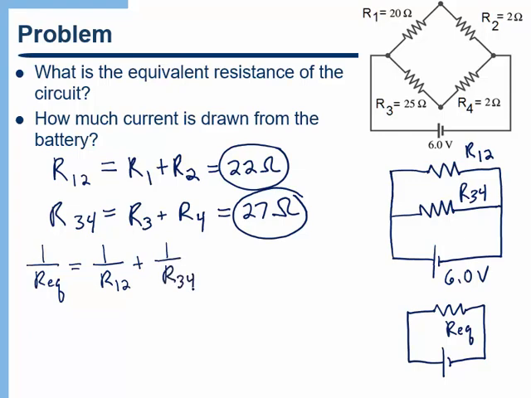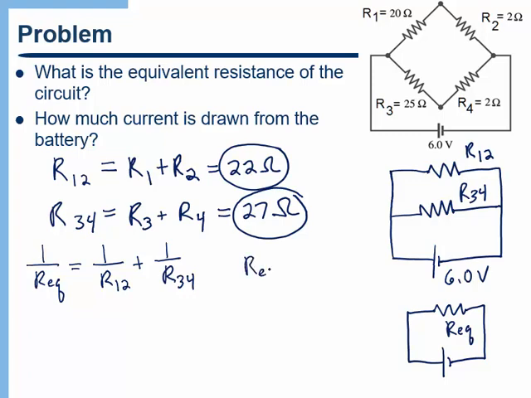Okay? And you might want to just make sure you get that math correct, because what I find is a very common issue that students have is they add the 1 over R12 and the 1 over R34. They forget to take the inverse of that to get the answer.